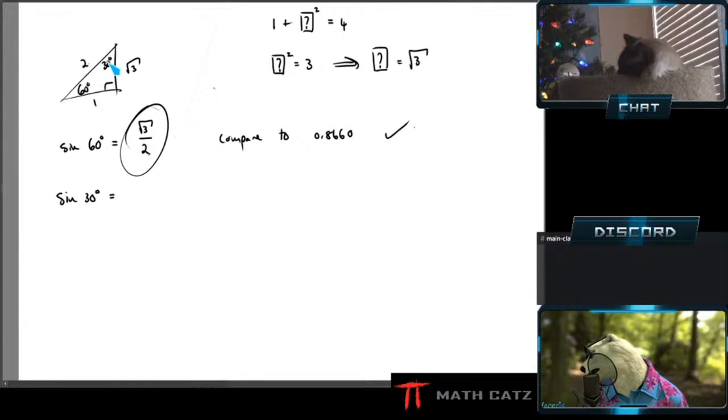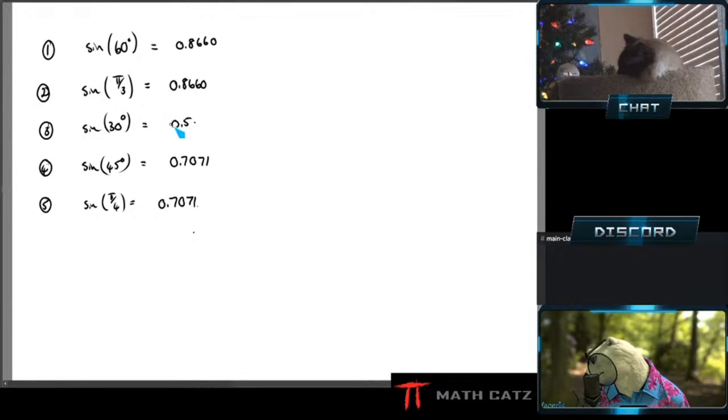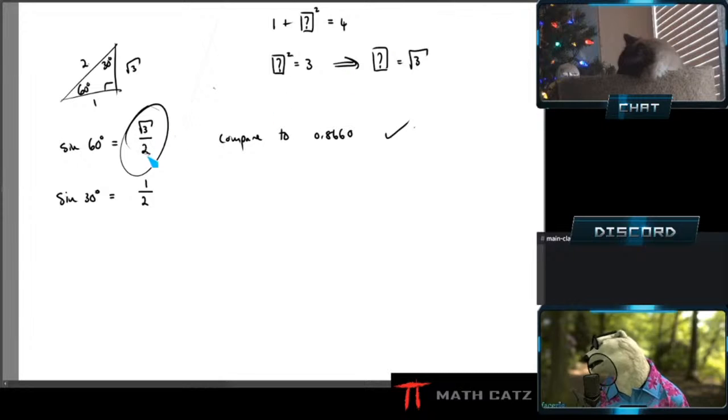So for 30 degrees, opposite is 1 over hypotenuse is 2. 1 half. So I have to pick the correct perpendicular side relative to the angle that I'm looking at. Okay, very important. Pick the correct side relative to the angle that I'm looking at.